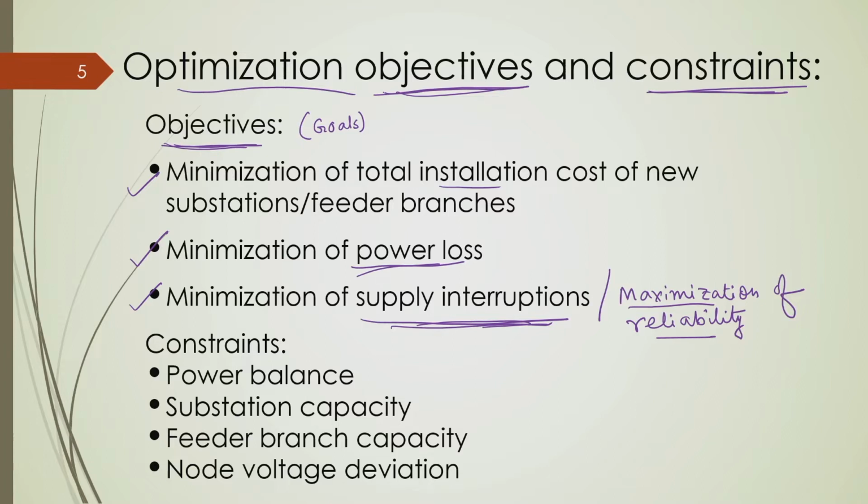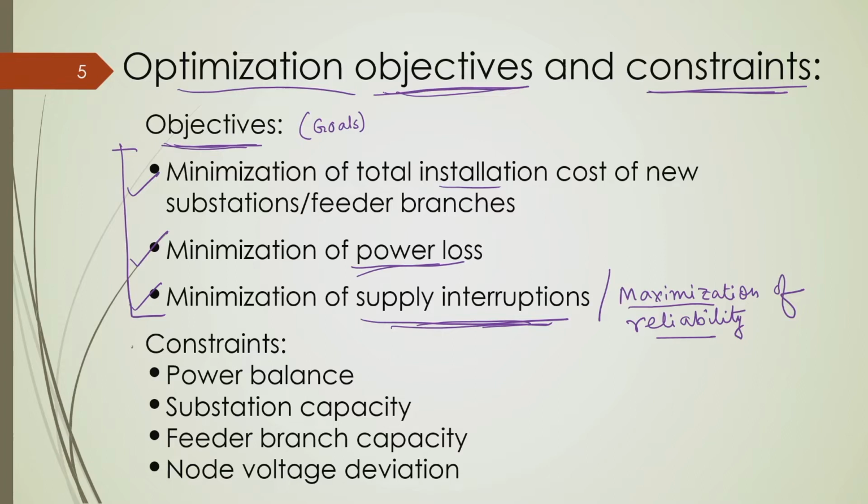These are the typical objectives of distribution system planning, but this is not an exhaustive list. There are many other objectives people use in different research works, which I am going to discuss later on.